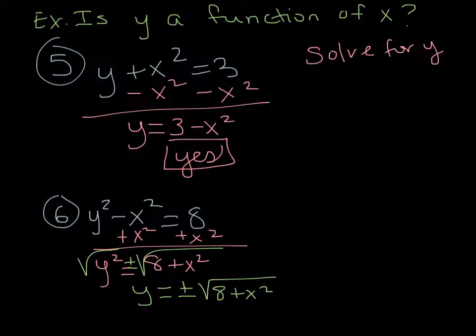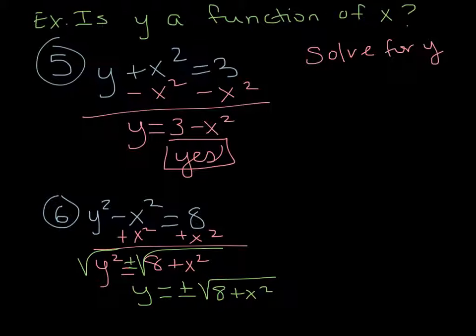So that means that when we put a number in for x, for example, if we put in x equals 1, we will get multiple values of y. So for example, if you put in x equals 1, you will end up getting y equals positive or negative 3. That will give us 2 values for y at a certain x value.